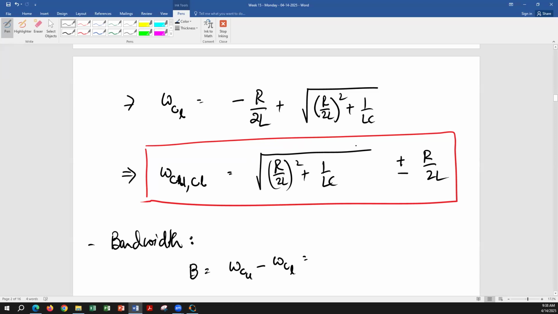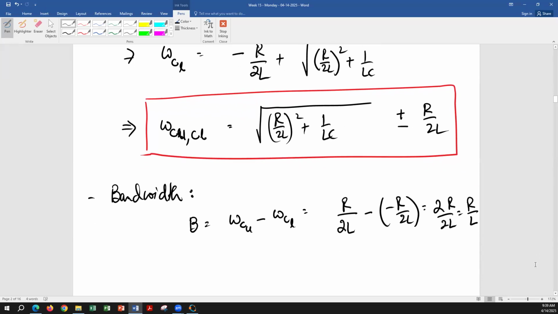So when we subtract, the square root is going to cancel, and we are going to get R over 2L minus negative R over 2L, that is 2R over 2L. So the bandwidth is R over L, and remember this is radian per second.